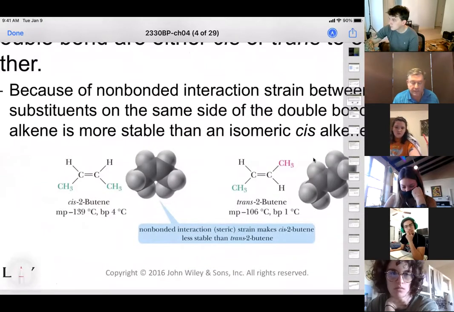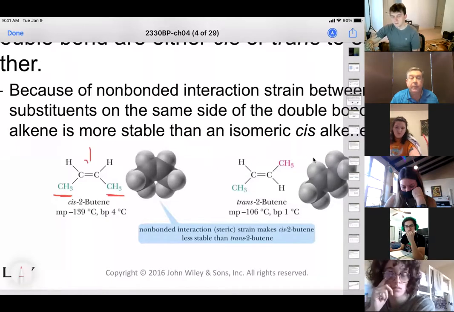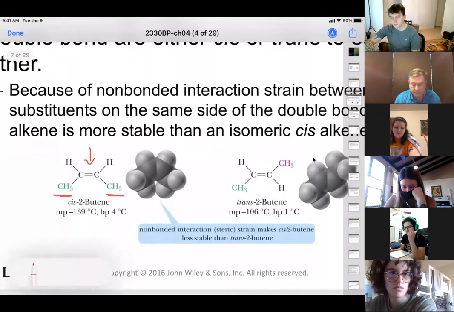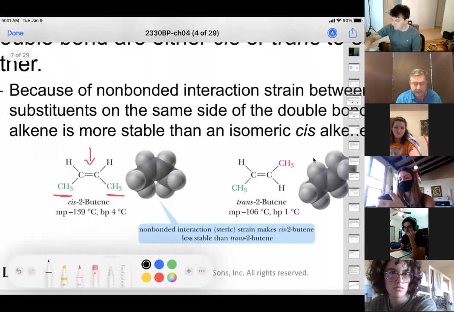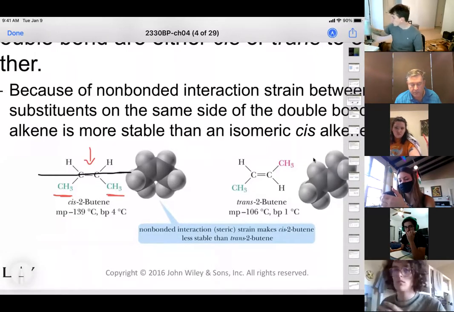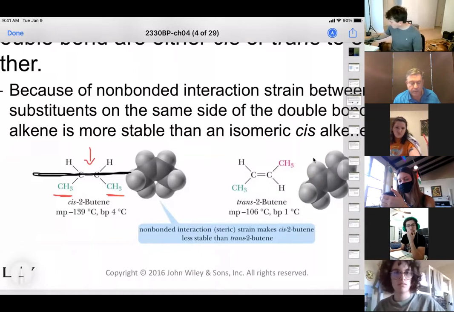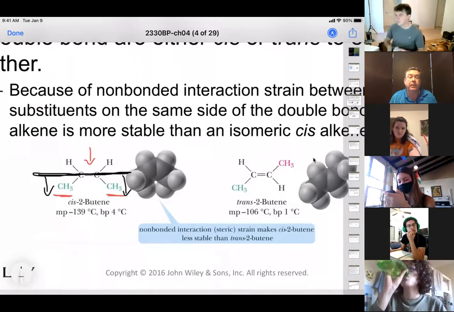In this case, we have 2 methyl groups on our alkene, and we know we can't twist that bond, which means those 2 alkyl groups are going to stay in that position. You can get a whole bottle of just them in that position, and they will never move. They will always be on the same side. By same side, I mean if we draw a line through our double bond, those 2 methyl groups are both on that same side of the axis of the double bond. So that's the same side configuration.